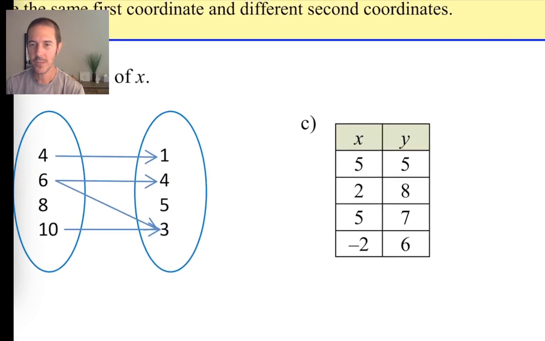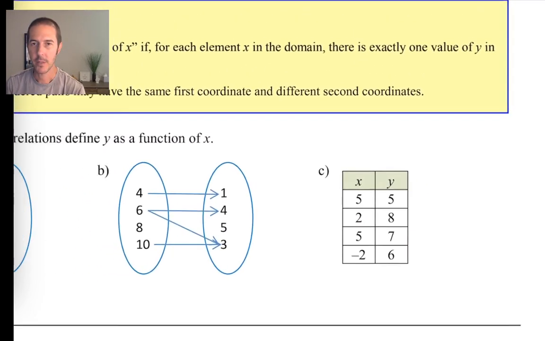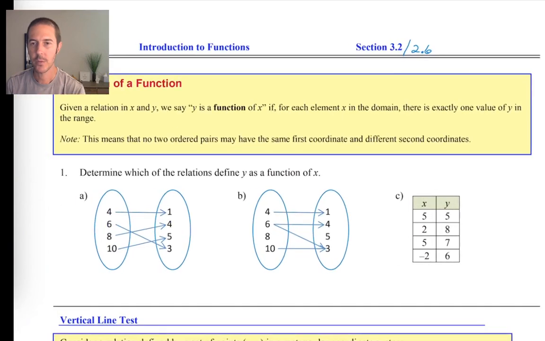In part C, we see that the number 5 as an x value is being used twice. It's mapping to two different y values, and that would disqualify it from being a function also. So in these three illustrations, option A is the only one that represents a relation that's a function.